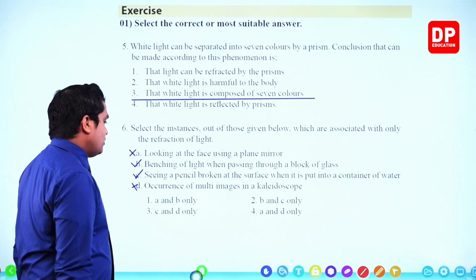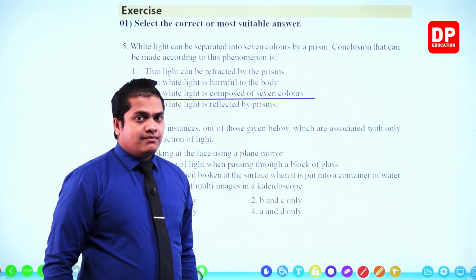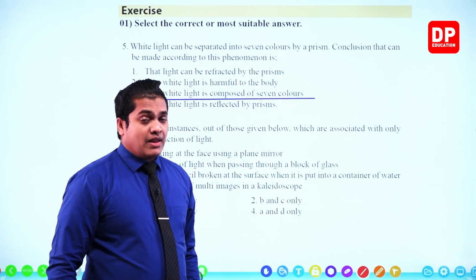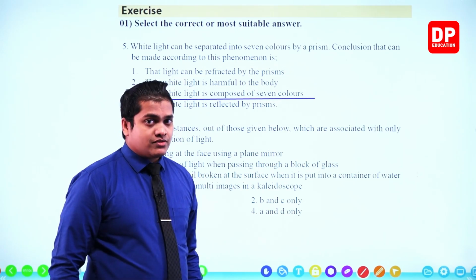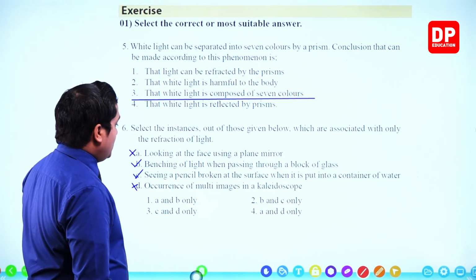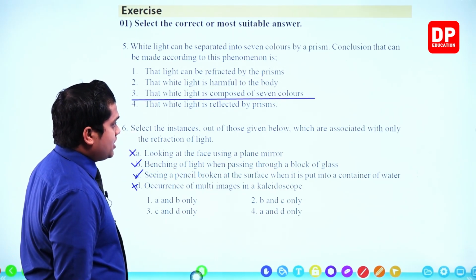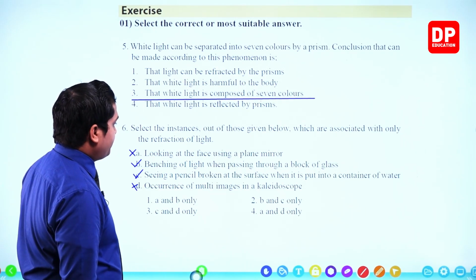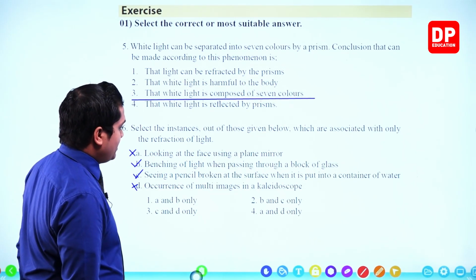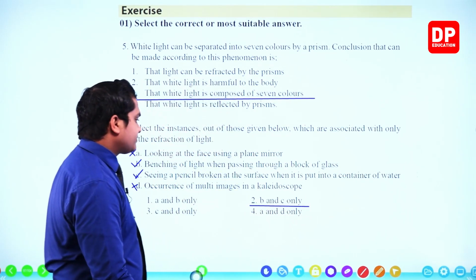In the kaleidoscope, we can observe multi-images because of the plane mirrors. So plane mirrors are creating reflections, not the refractions, right? You have to select the ones which are associated only with the refraction. So B and C should be our answer. Yes. Over here there is B and C.